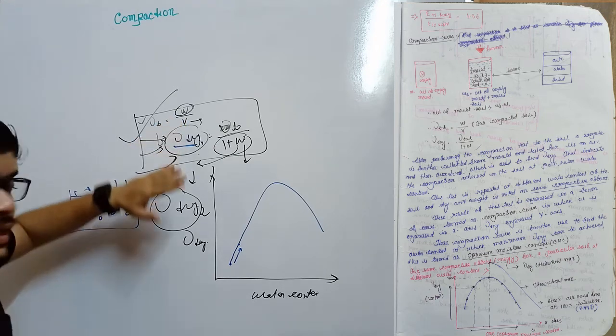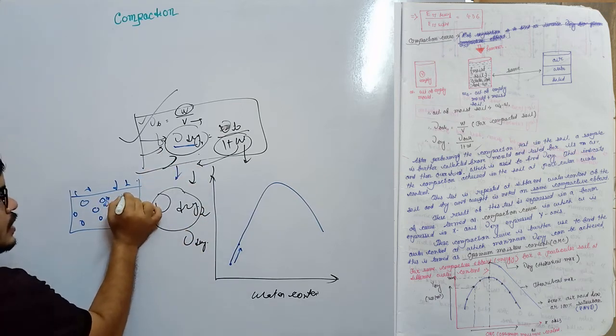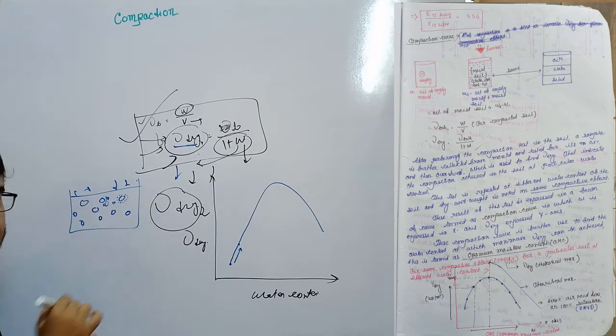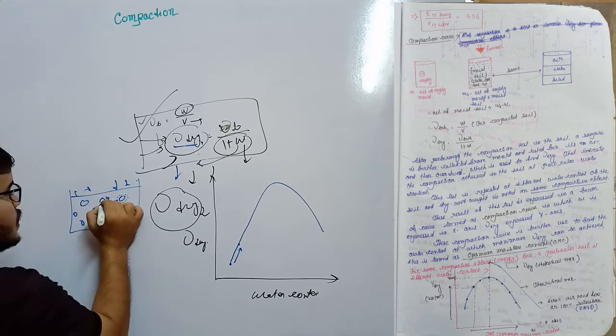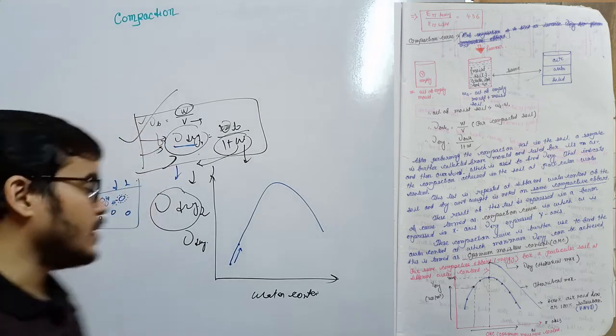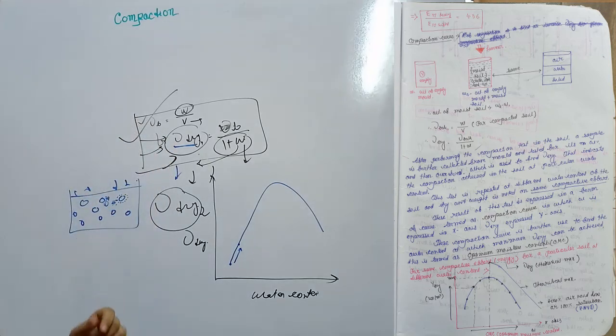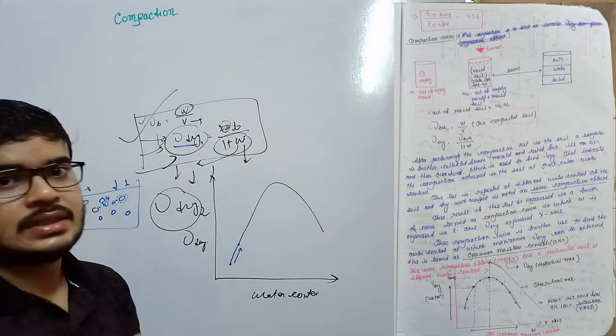And when we increase the water content in the second case, as the water surrounds the solid particle like this, the friction will slowly decrease in comparison to the previous case, and then the solid particles will come closer to each other.